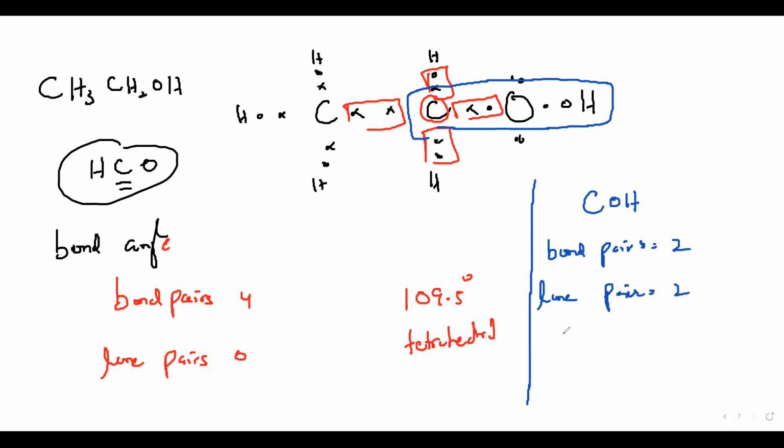So 2 bond pairs, 2 lone pairs: it will be bent or V shape with a bond angle of 104 degrees. Is it clear? If you have a long chain molecule, it depends on the question which part of the chain they want the bond angle for, as it varies from one part of the chain to another. Is it clear, this example?